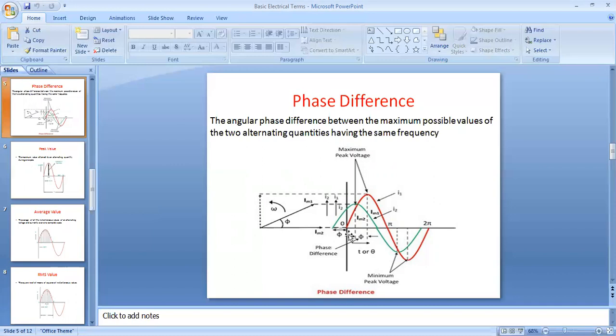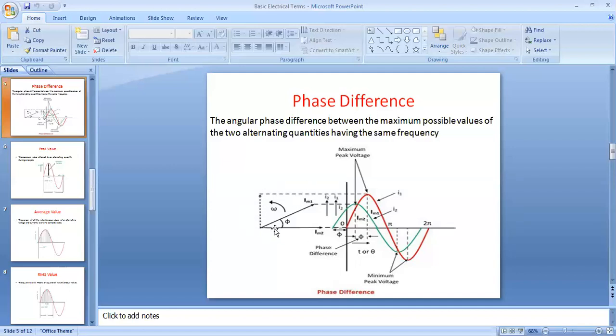So from the figure we can tell that here two alternating quantities, that is current, are considered. The magnitude of both currents are respectively IM1 and IM2. The IM1 is shown by red line and IM2 current is shown by green waveform.